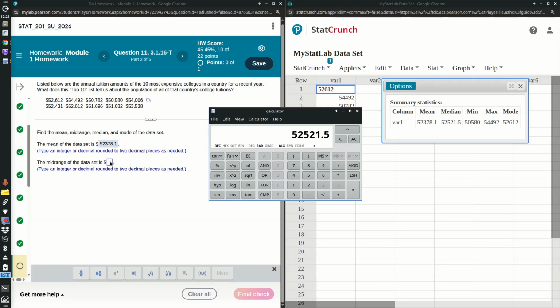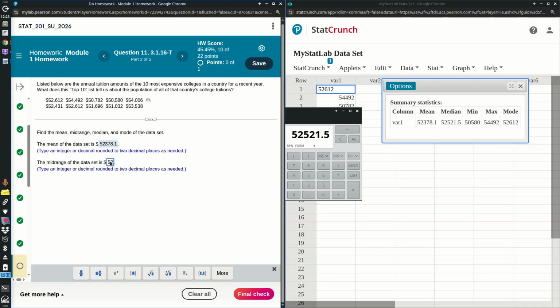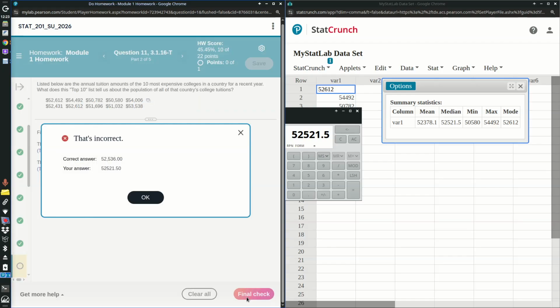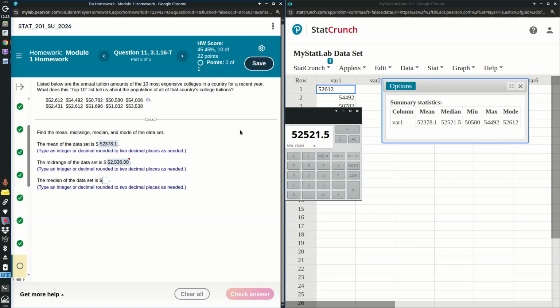I can do 0.50, but I don't know why that would make a difference. 52,521.50. If the 10 most expensive colleges are there, it should be the average between the 5th and the 6th largest values. 50, 50, 51, 51.